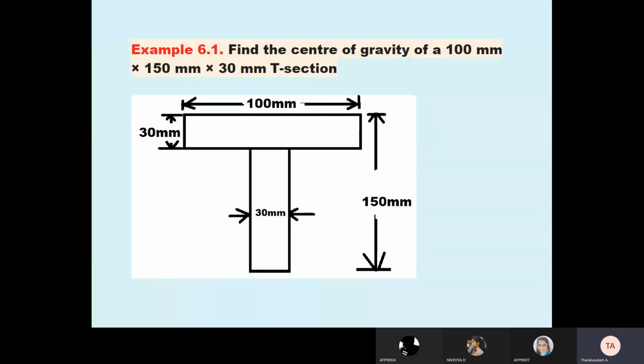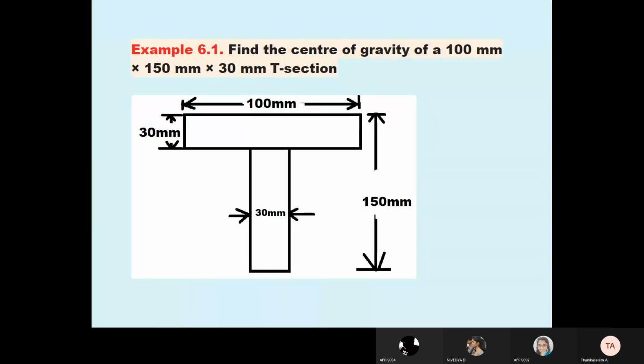Suppose for a T section they mention 100 mm, 150 mm into 30 mm. The 100 mm means the horizontal maximum distance, and 150 mm means the vertical distance from bottom to height. 30 mm means each section's thickness.